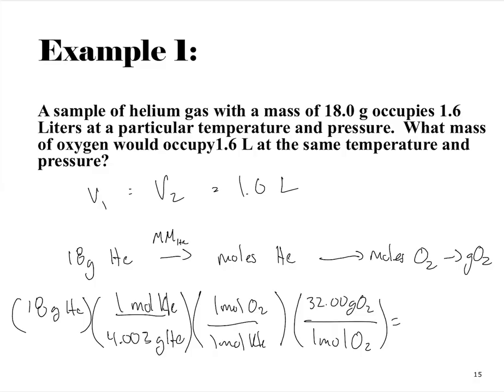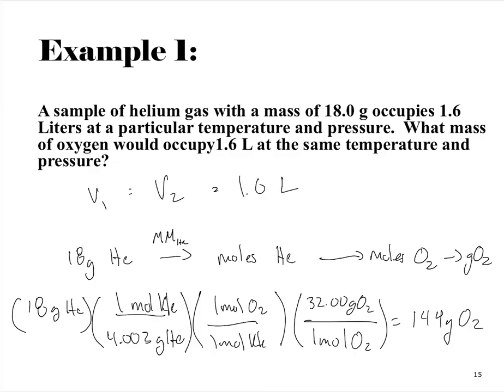So if we plug that all in, we get 18 times 32 divided by 4.003, right? So this is 144 grams of oxygen.